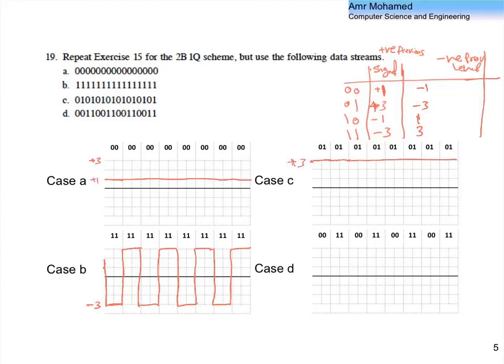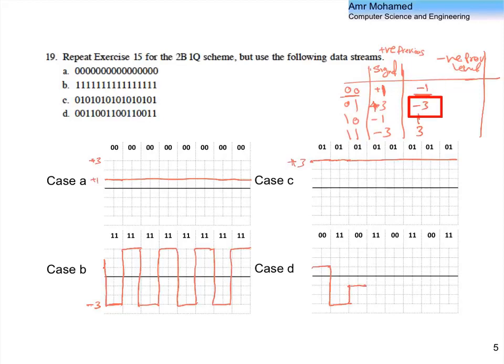So for 0, 0, 1, 1. So at the beginning, for 0, 0, it's positive 1, so we go like this, and then 1, 1, we go to minus 3. And then for 0, 0, and the previous level is negative, so we go minus 1.